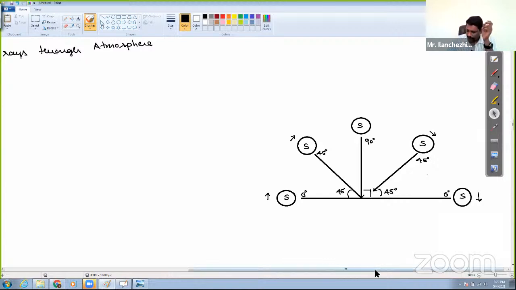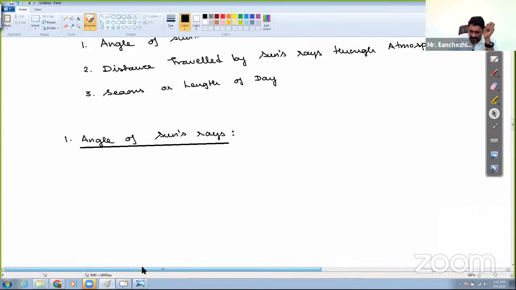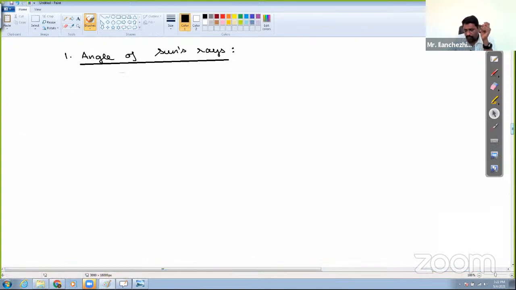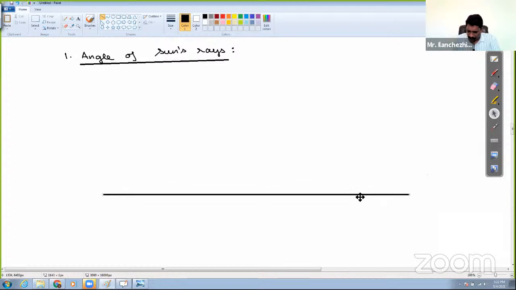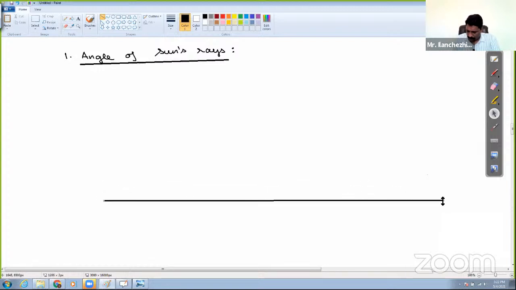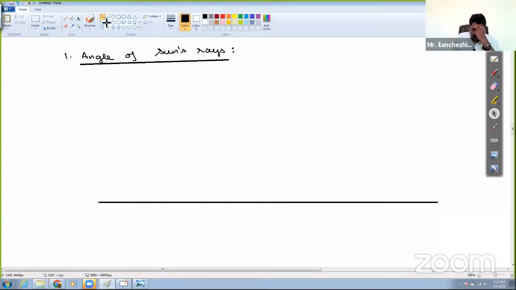So in that regard, I just classify this falling of sun's rays into 2 categories, my friend. One is high sun position and the other is low sun position. Say, for example, at one place, high sun position: the sun's rays falling at the highest possible position.